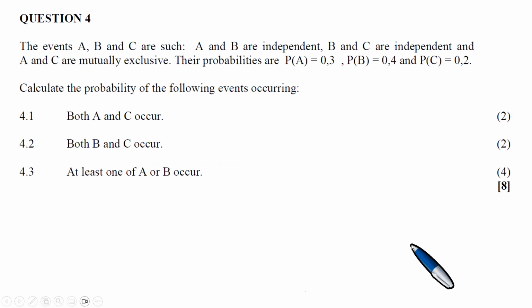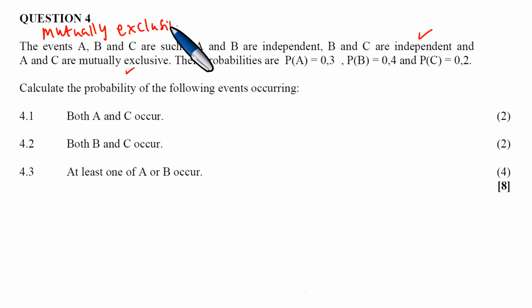Okay, let's look at more probabilities, and also the idea of independent events and mutually exclusive events. Let's speak about mutually exclusive first, and then complementary events. What are mutually exclusive events?